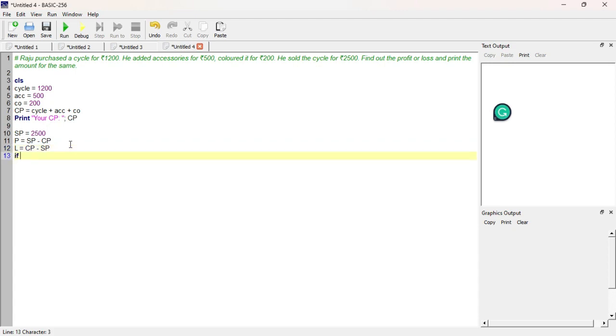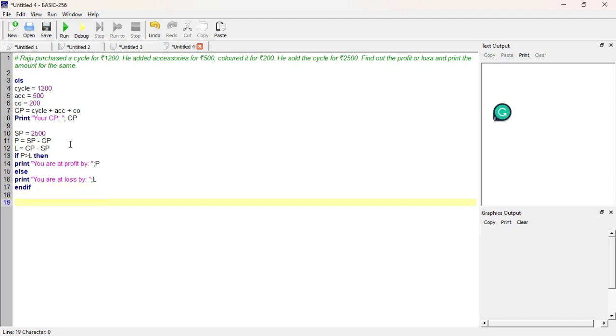Now I am putting a condition. If profit is greater than loss, then you have to print, else otherwise you are going to print, then end if.